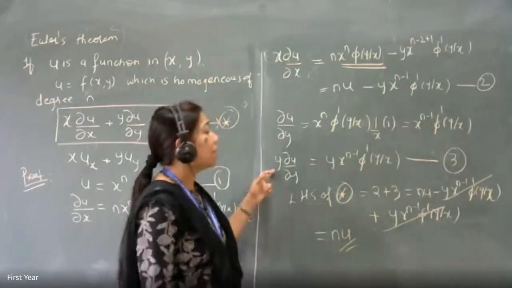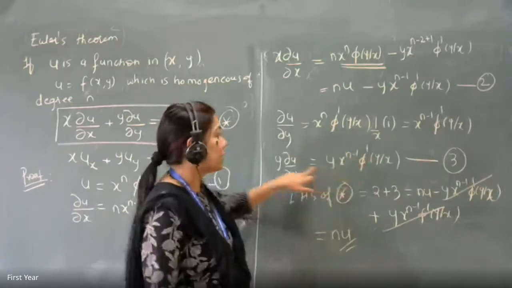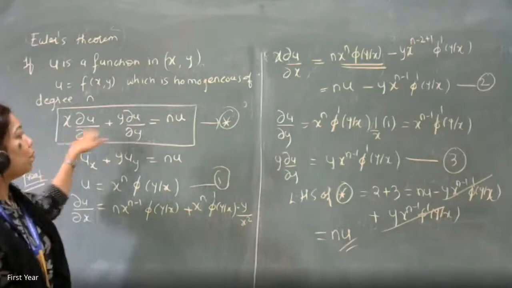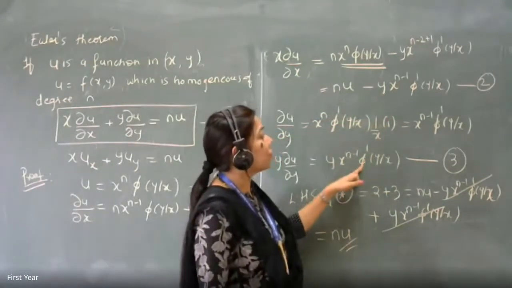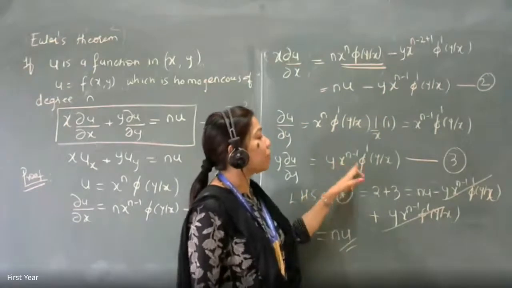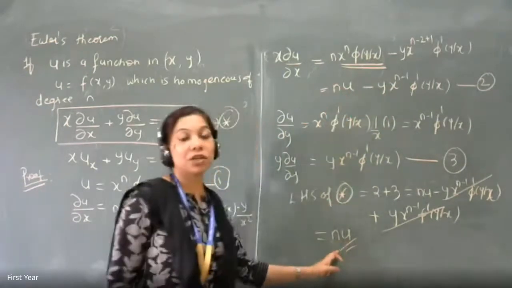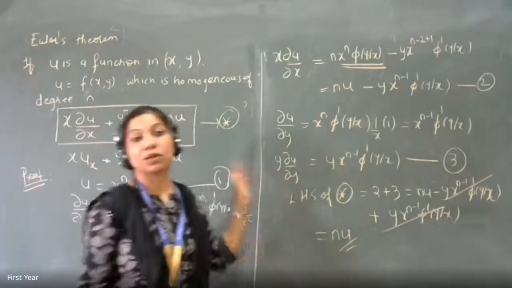And then multiply it with y, you will get y x raised to n minus 1 phi dash of y by x. So the expected expression is equation number 2 plus equation number 3. When you add it, minus y x raised to n minus 1 phi dash and plus y x raised to n minus 1 phi dash cancel, and you get the expression as n into u, which is the statement of Euler's theorem. It was given by Euler, that's why it is called Euler's theorem.